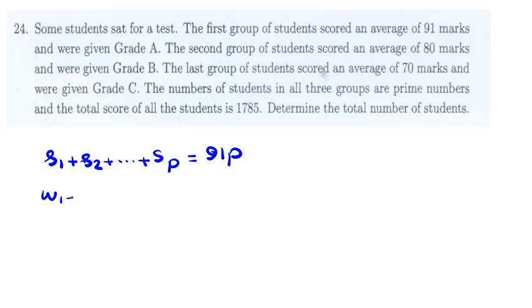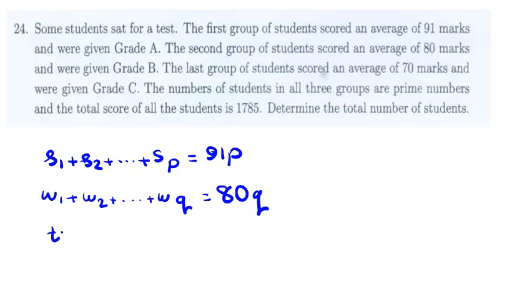The next group, consider their scores are W1 to WQ. Their average is 80, so W1 to WQ over Q is 80, so the sum will be 80Q. And the third group or last group of students scored an average of 70.